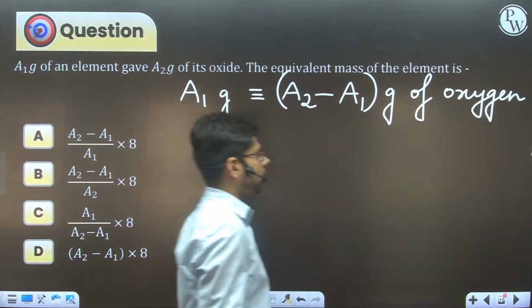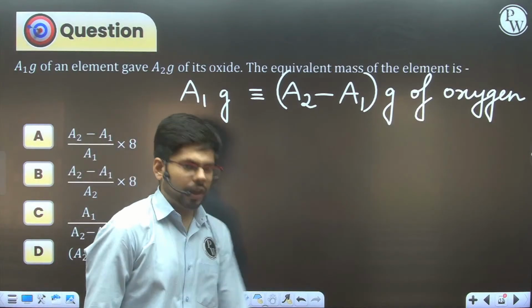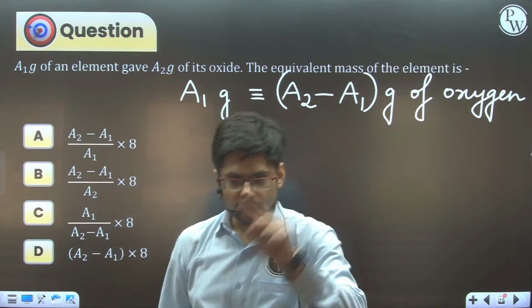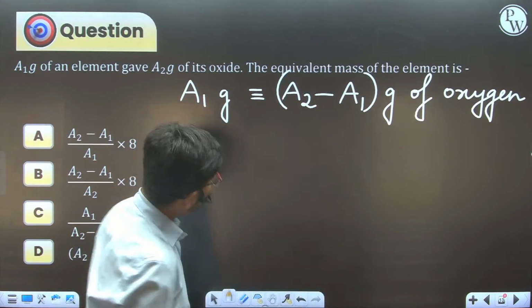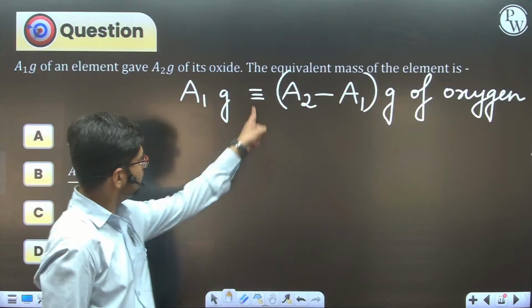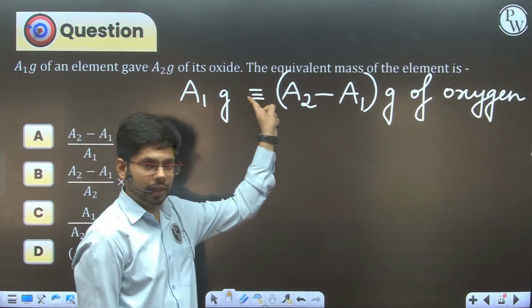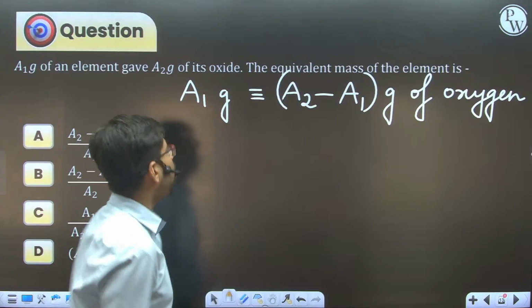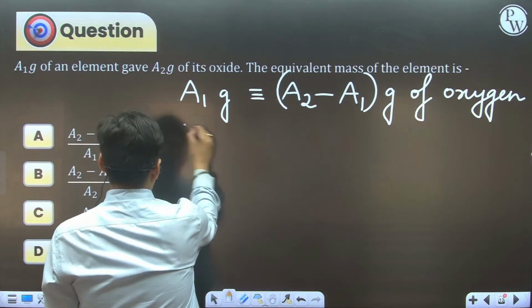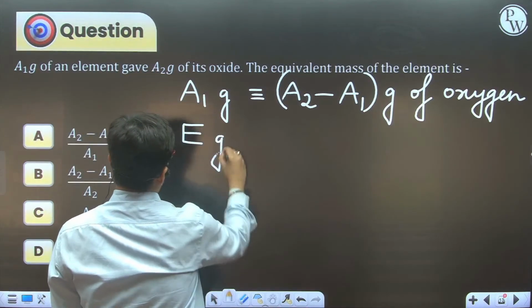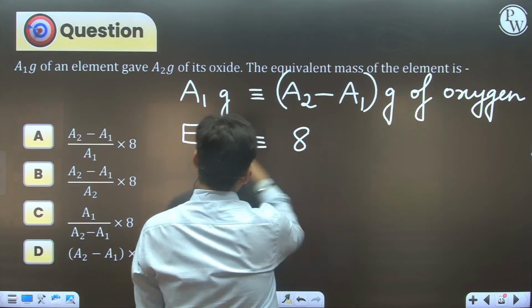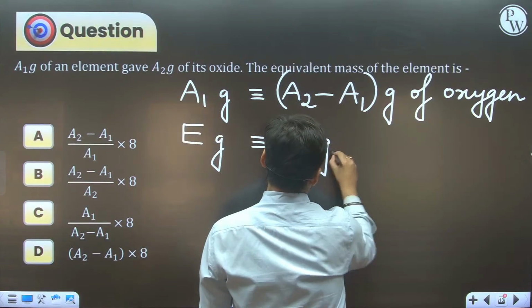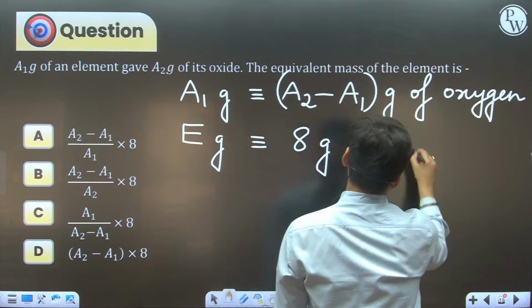This is the main thing. We must find out the quantity of oxygen which combined with the given quantity of the element. That's what I've done. This corresponds to, right? Don't write equal to. This means corresponds to. All right. If E is the equivalent weight of the element, then I should write E grams of the element combined with 8 grams of oxygen.